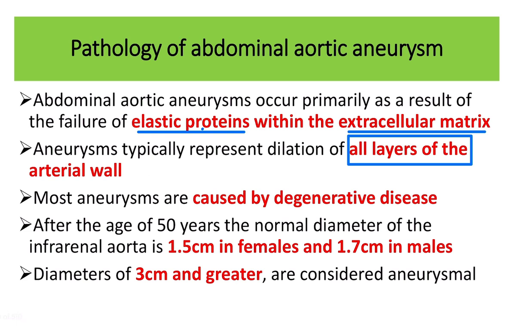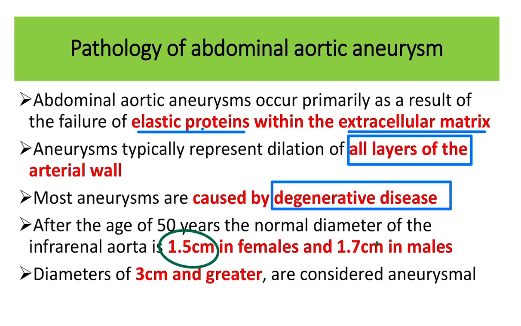Most aneurysms are caused by degenerative disease, that means the elastin protein present in the media layer is deficient due to different types of degenerative disease. After the age of 50 years, the normal diameter of the infrarenal aorta is 1.5 centimeter in females and 1.7 centimeter in males. This is the normal diameter of an abdominal aorta.